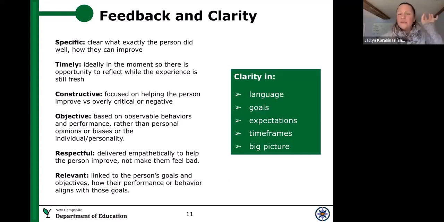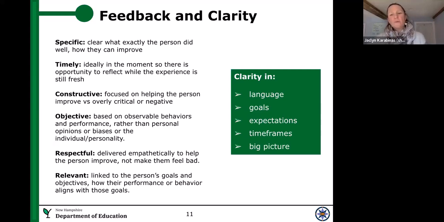And so we're not going to spend a ton of time on this, and you'll have the slides for reference. But thinking about this will all play into how you design your ICANs and how you use them. And so, thinking about the language that we're using, the feedback that's specific, timely, constructive, objective, respectful, and relevant, linked right to their goals. And not just the feedback, but the goals themselves.